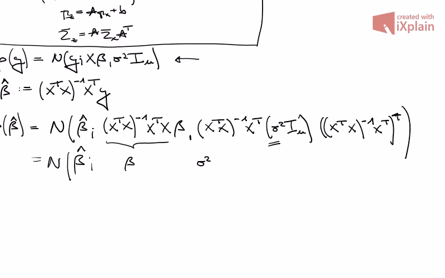Then you have the identity matrix, which doesn't do anything, so you can get rid of it. And then you have the transpose of a matrix product, and you might recall that there is this rule for multiplying matrices and transposing them that looks like this.